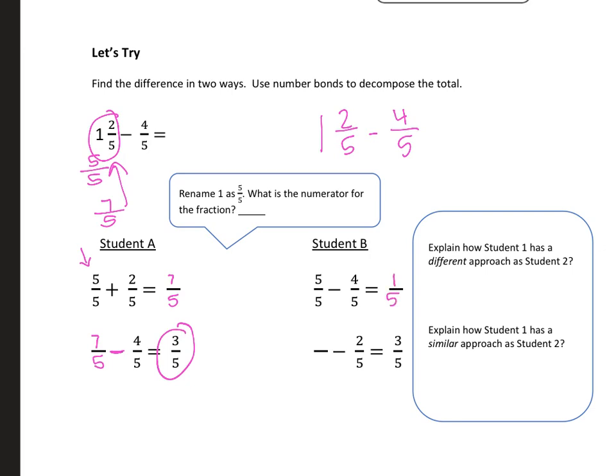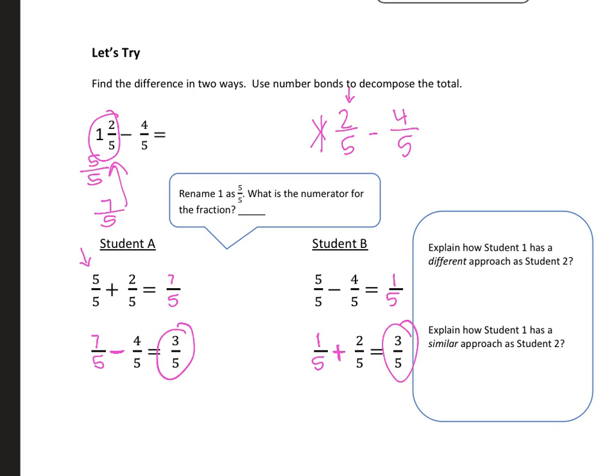Okay. And then, so again, they took this one whole away, because they subtracted 5/5 minus 4/5. So now they have 1/5 left. And they have to add that to 2/5. And when they add 1/5 plus this 2/5 that was still here, they're going to get 3/5 as your final answer.